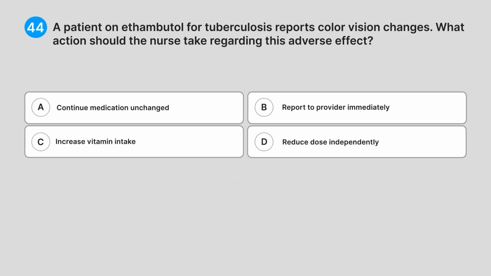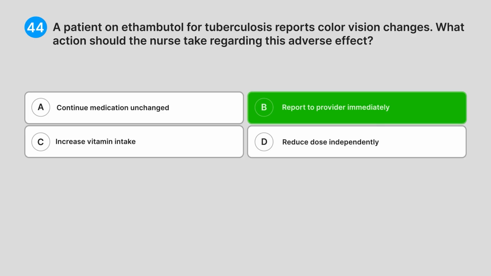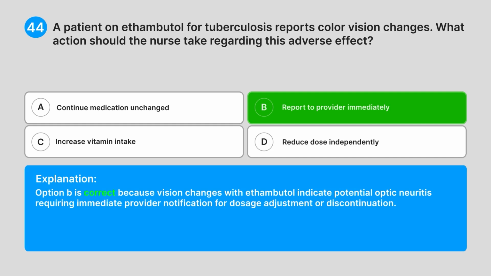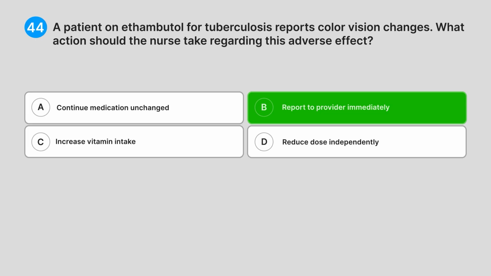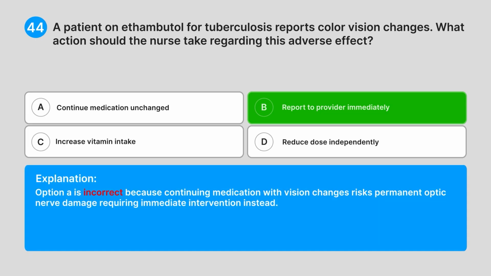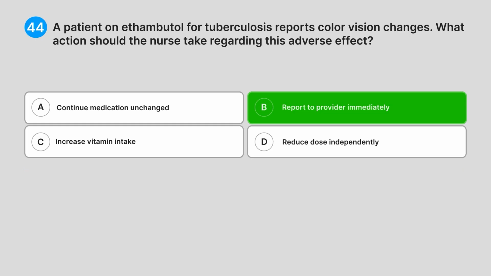Correct answer, B. Report to provider immediately. Explanation. Option B is correct because vision changes with ethambutol indicate potential optic neuritis, requiring immediate provider notification for dosage adjustment or discontinuation. Option A is incorrect because continuing medication with vision changes risks permanent optic nerve damage, requiring immediate intervention instead.